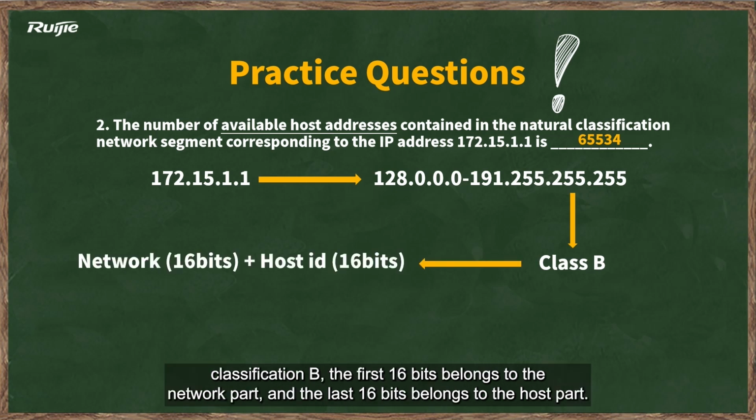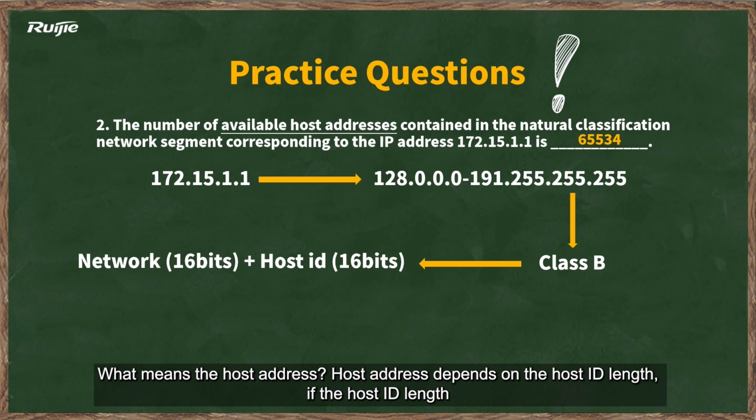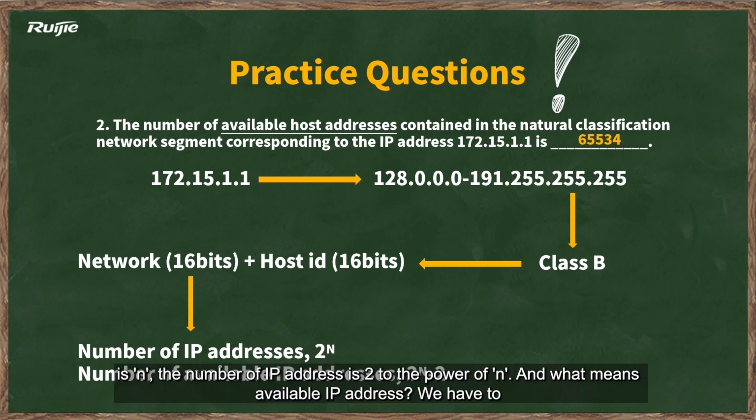And about the classification B, the first 16 bits belong to the network part, and the last 16 bits belong to the host part. And what does the host address mean? The number of host addresses depends on the host ID length. If the host ID length is n, the number of IP addresses is 2 to the power of n.